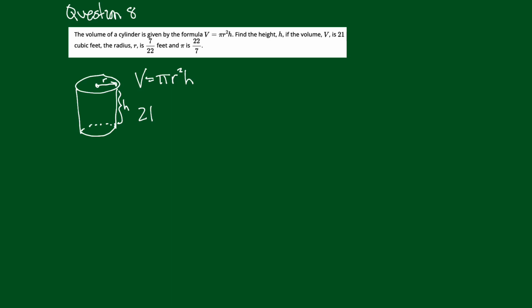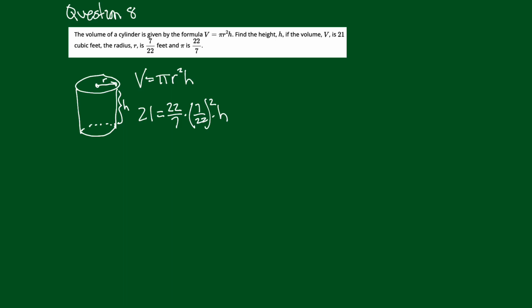I'll just write the numbers. 21 is equal to pi. Oh, we're given pi here, right? We're going to use 22/7 times r. Now the radius is 7 over 22, but I'm going to square that. So parentheses, 7 over 22 squared. How nice, just a nice number for us here, times h.